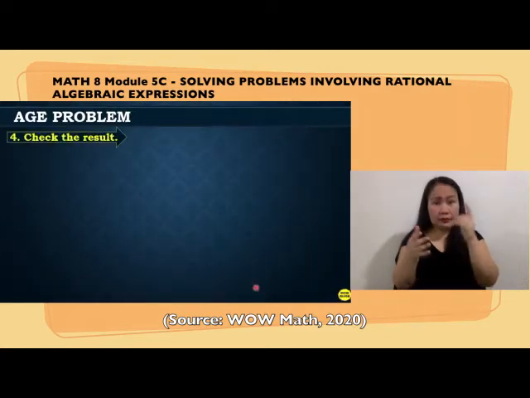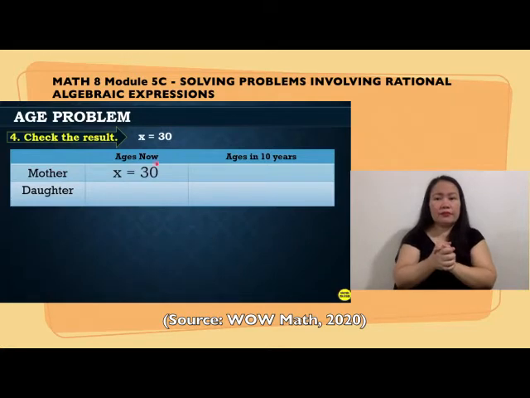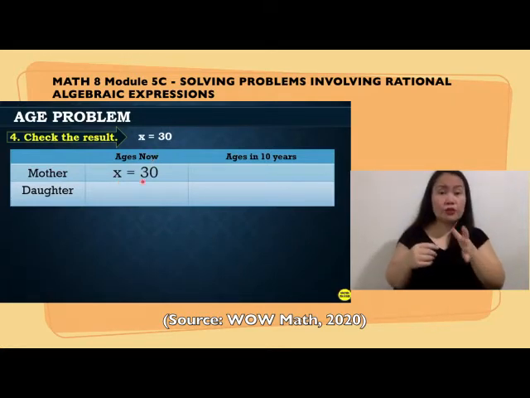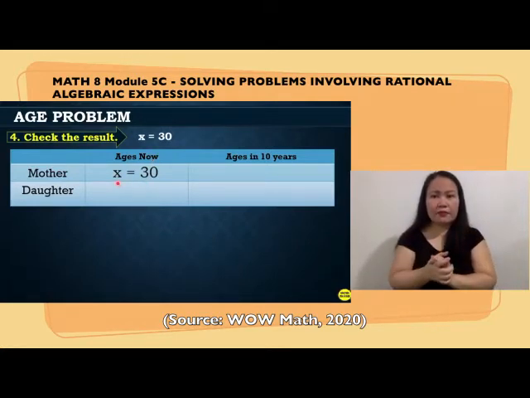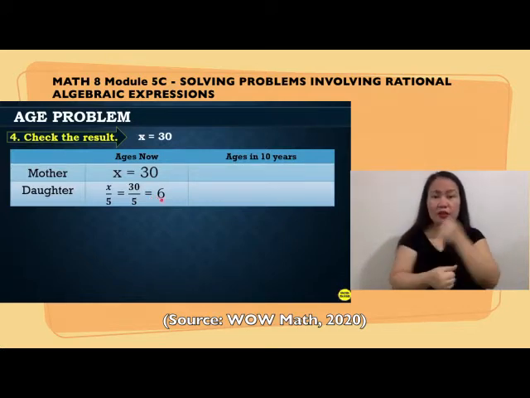Okay, let us check the result. So if x is equal to 30, which is the age of the mother now, so let's go back. So yung age ng mother now is 30. So ang sabi, 1/5 daw ng age ni mother is the age of the daughter. So x, since ang x natin ay 30, so 30 divided by 5, therefore ang age ni daughter ngayon ay 6 years old.